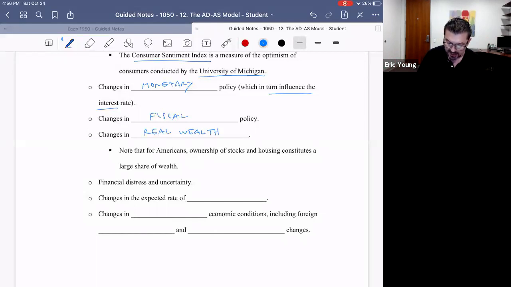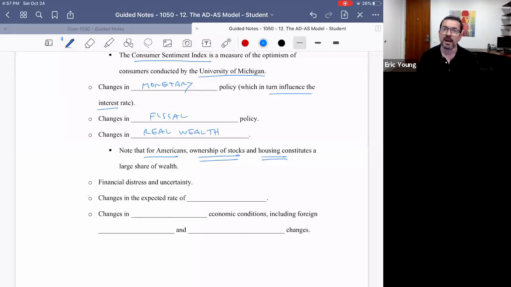What's important to note is that for many people, especially for Americans, much of our wealth is composed of either stock or mutual fund ownership, as well as housing ownership. This implies that, for example, when the housing market is booming and house prices are rising, homeowners will see their home prices rise, they'll feel wealthier, and they'll spend more.